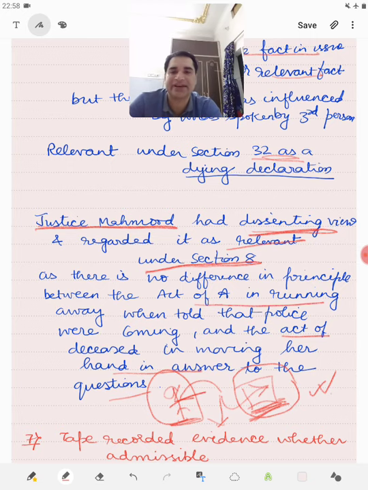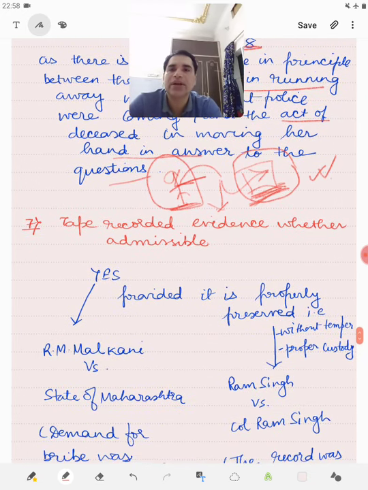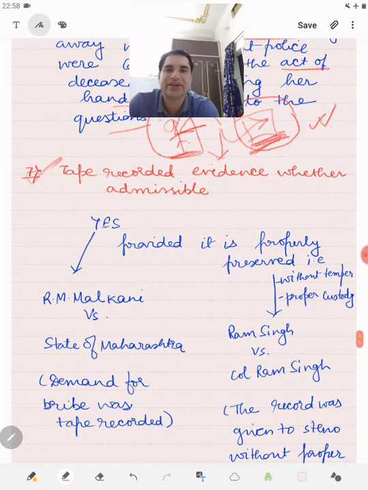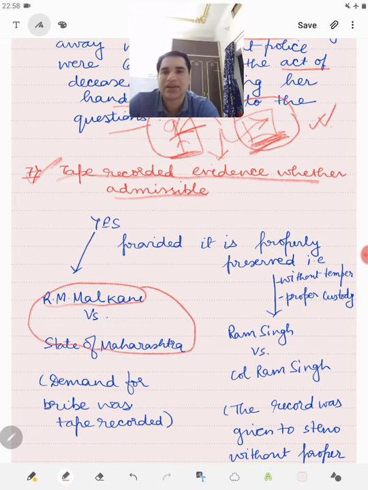Now, another question which has been asked many a times is whether tape recorded evidence is admissible. Friends, in this age of technology, tape recording is one of the most important tools which is used for recording evidence. Then the court in R.M. Malkani versus State of Maharashtra held that yes, tape recorded evidence is admissible.